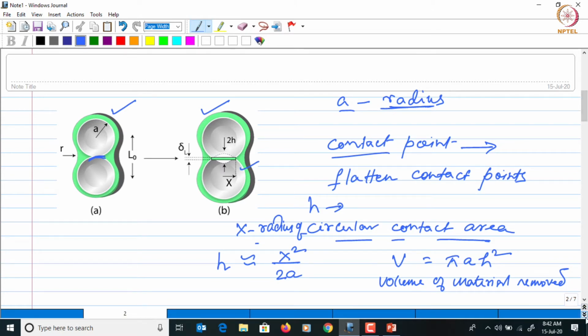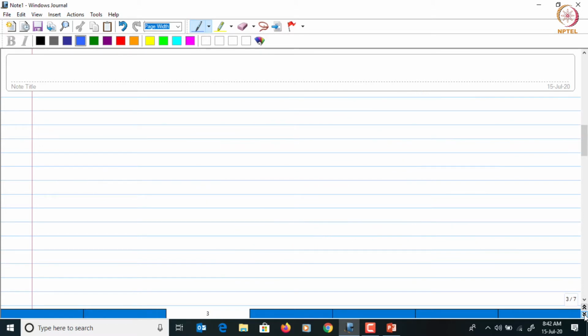Now let us see what the diffusion rate through this liquid in this stage is.